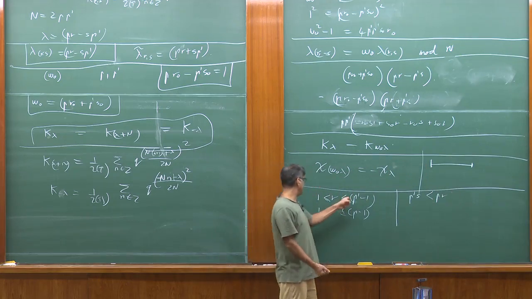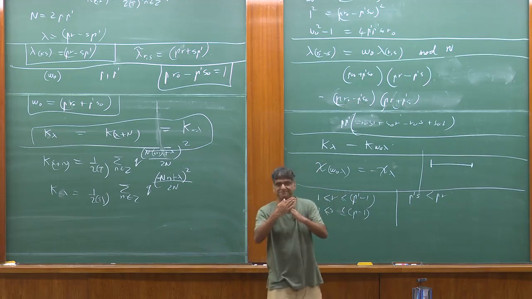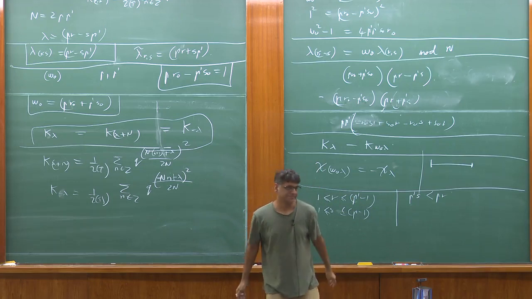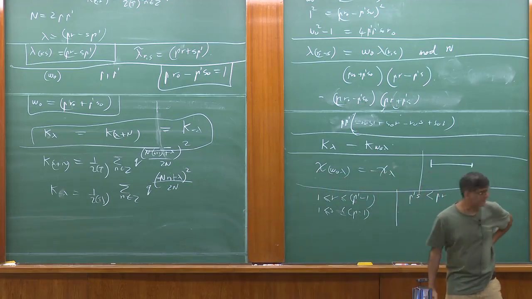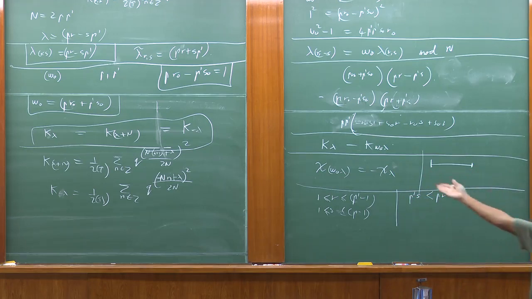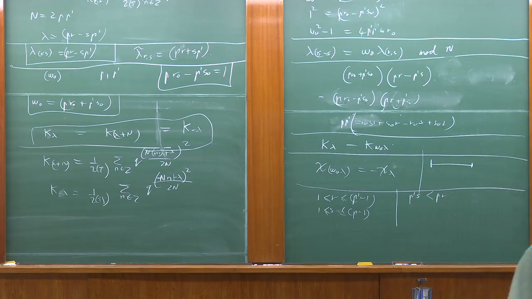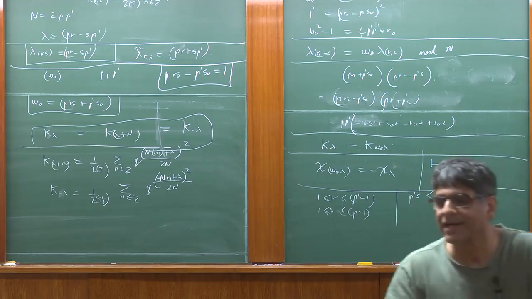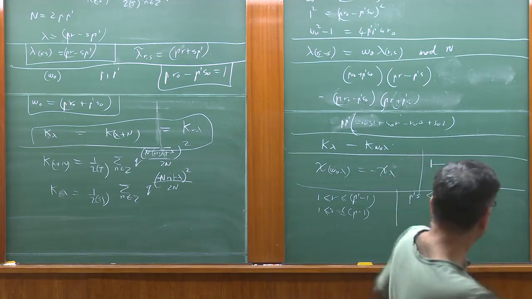But every distinct value in this range gives you a distinct value of lambda. Two different sets of R and S never give the same value of lambda in this range. The ones that do are those related by the identities we've just talked about. There will be R and S such that they shift lambda by n or something like that, and then give effectively the same value of lambda. But within this range, it's unique.